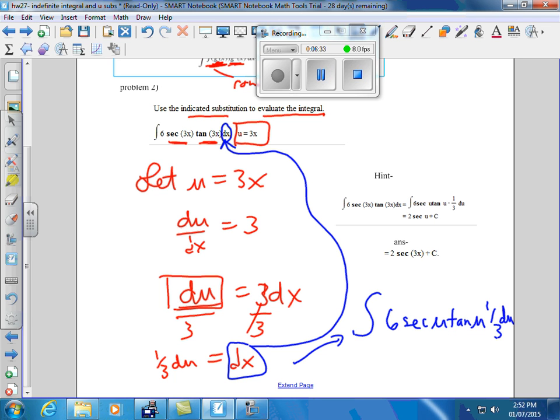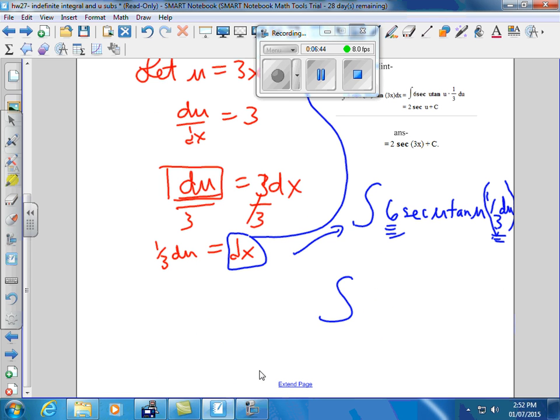I'm going to squeeze it in right there. Now, you can clean that up algebraically, like 6 times 1/3 is 2. So let's keep cleaning that up. So we'll have the integral of 2 secant u tangent u du.